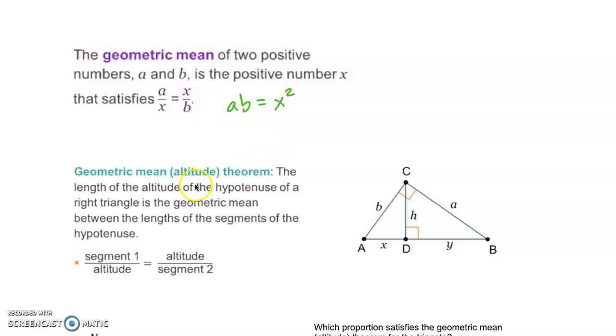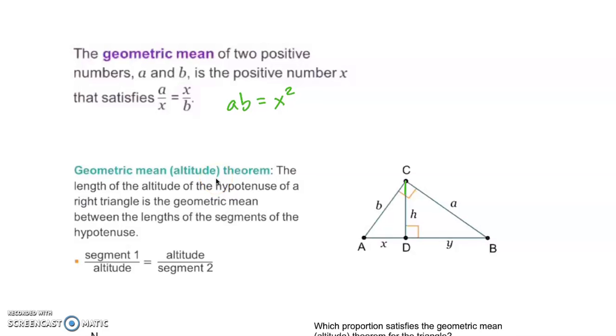The first one is the geometric mean altitude theorem. And it says if we have a right triangle and an altitude is drawn from the right angle to the hypotenuse, then we split the hypotenuse into 2 segments, X and Y. And we have a geometric mean that says X over the altitude is equal to the altitude over Y, meaning the one segment over the altitude is equal to the altitude over the second segment.